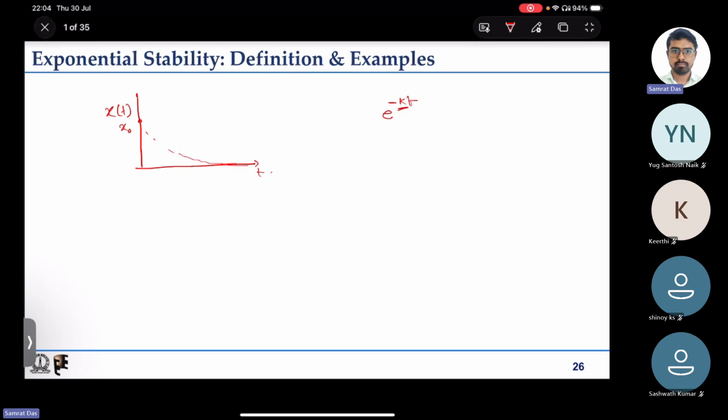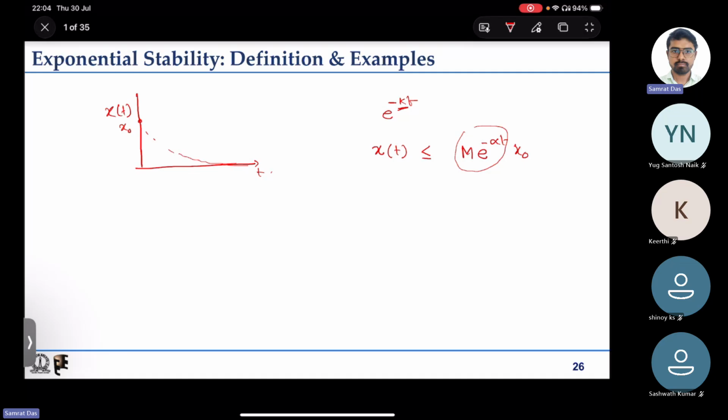So the mathematical definition goes like this. If it is x(t), it has to be always less than or equal to some m e to the power minus alpha t into x(0). So this is an exponential function.